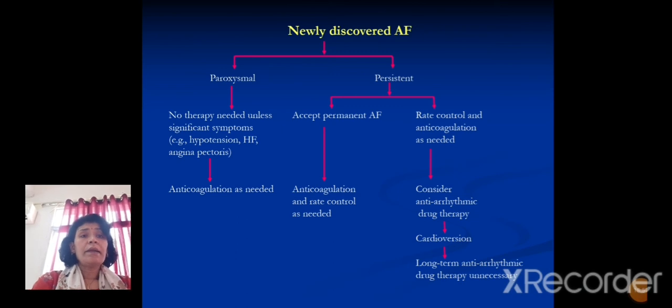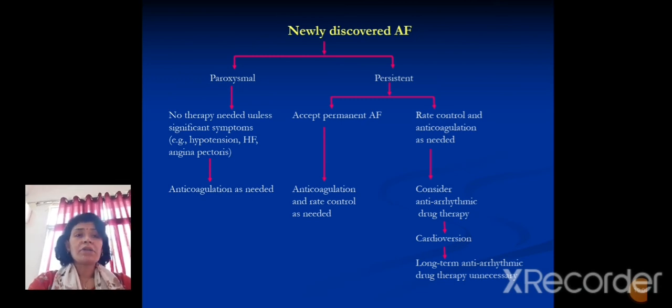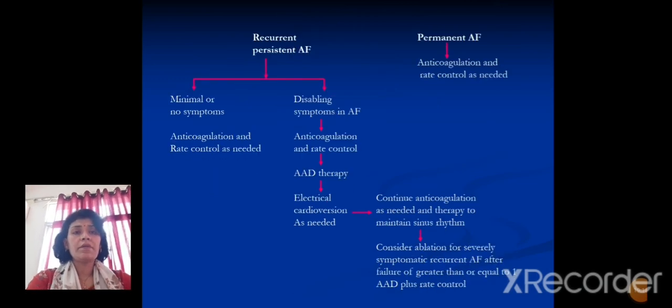Then antiarrhythmic drug therapy is sometimes considered in a few patients, especially where significant structural heart disease is not there, so their cardioversion can be tried, or long-term antiarrhythmic drug therapy can be tried. And if cardioversion sustains the normal sinus rhythm, then the long-term antiarrhythmic therapy is unnecessary.